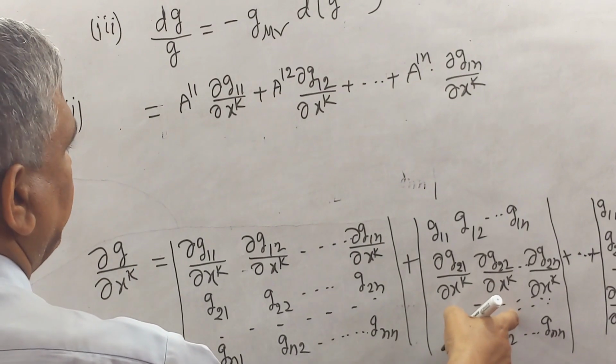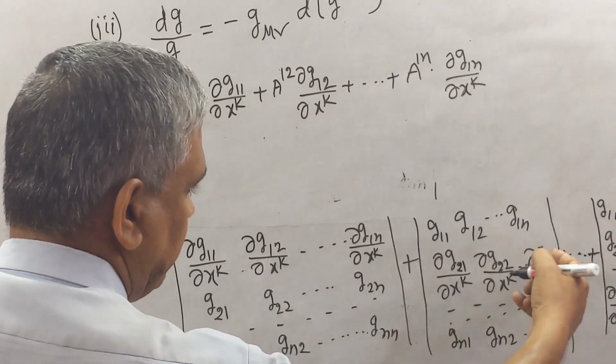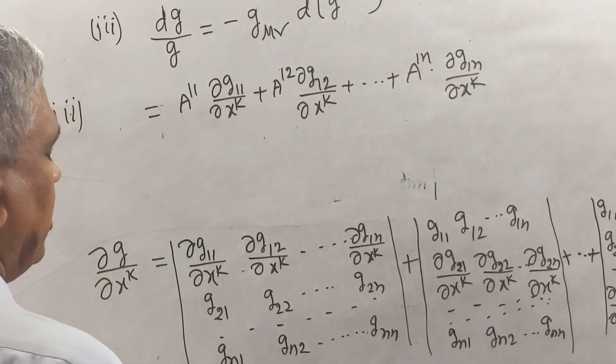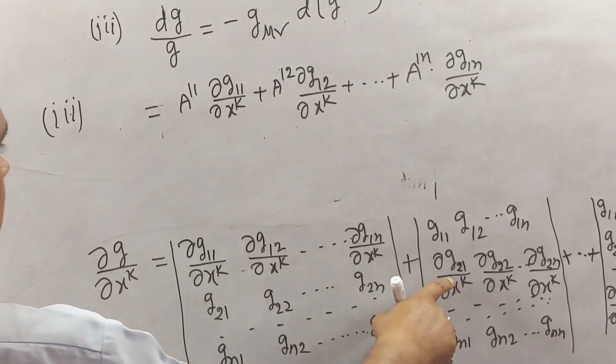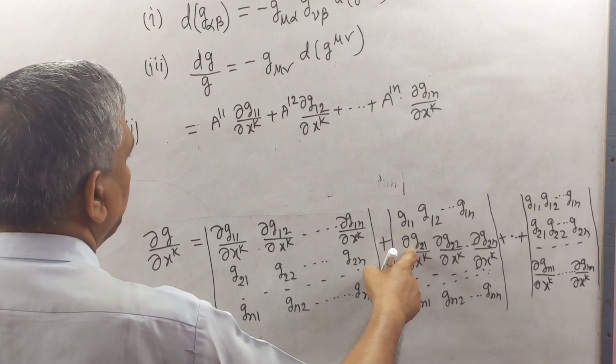Now taking determinant of this, we take the second row and its cofactors. Let cofactors of this element is A21.